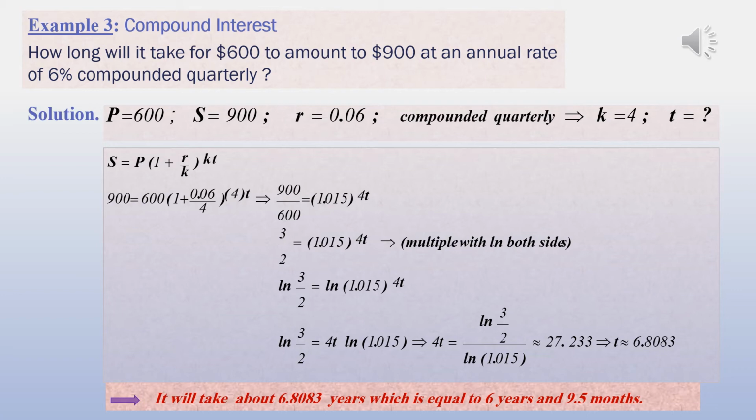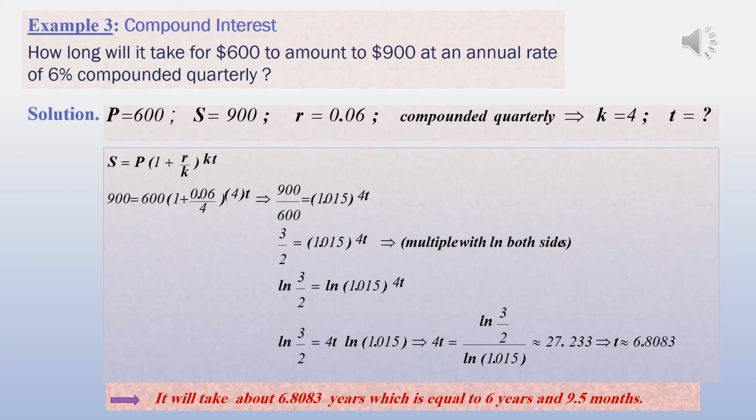So we substitute the values of S, P, R, and K into the formula. The only remaining unknown is T. So the formula becomes 900 equal to 600 multiplied by 1 plus 0.06 divided by 4 to the degree of 4t.